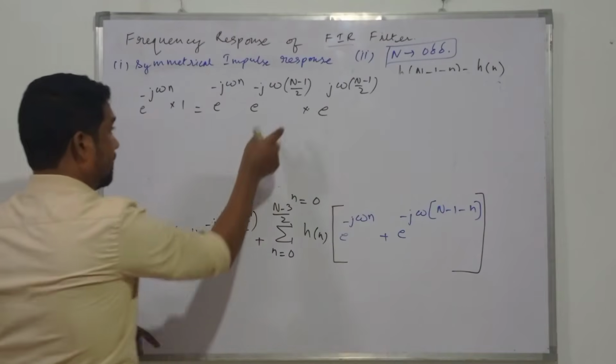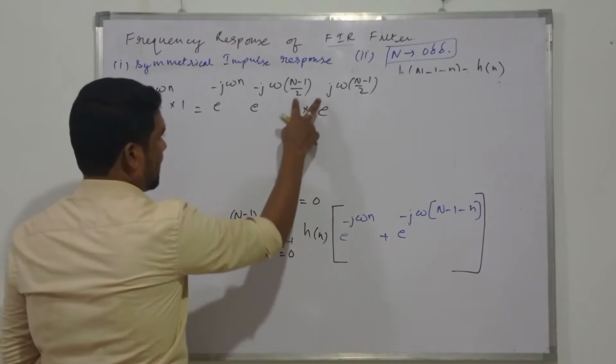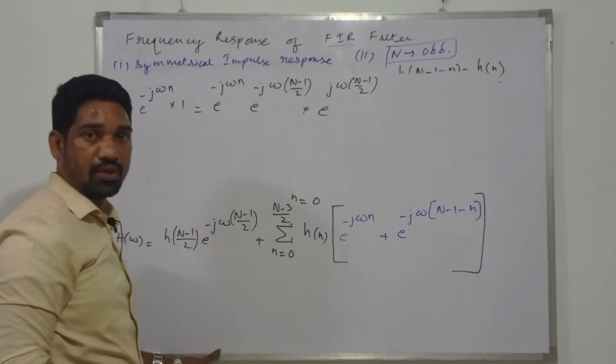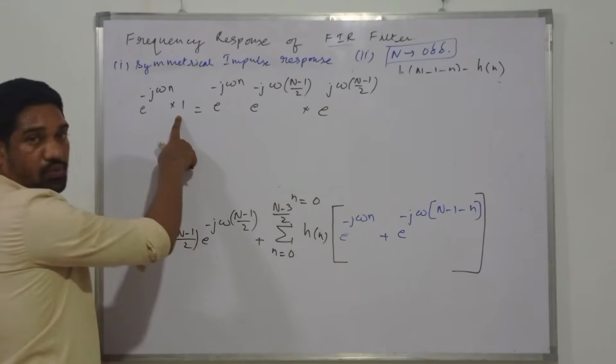Okay, so when bases are same, powers must be added. Minus of this one plus of this one, that becomes 0. E raised to 0, that's 1. We'll get back to this one.